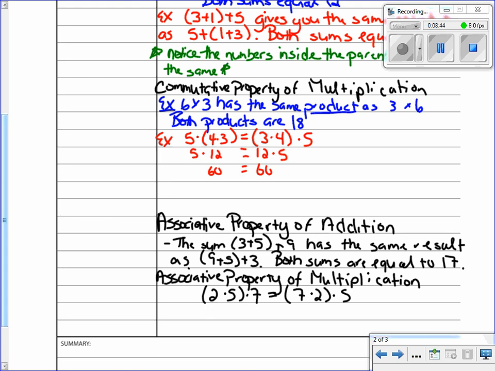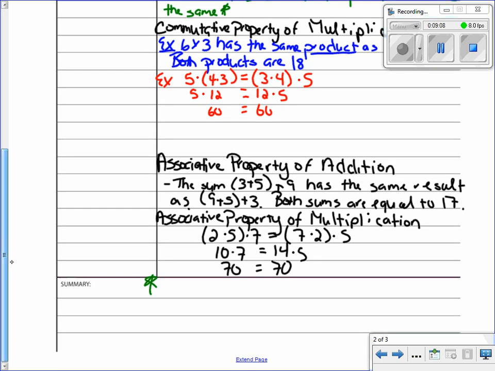So let's verify this. 2 times 5 is 10. 10 times 7 is 70. On the right-hand side, 7 times 2 is 14, times 5, and 14 times 5 is 70. So that is true. And a special note here that we want to take, and I'm sorry it's going into our summary box a little bit. The numbers inside the parentheses are different.